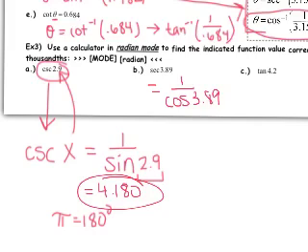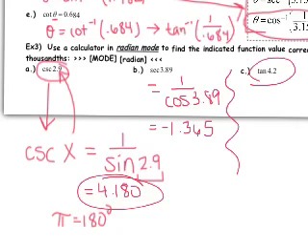So 1 over cosine 3.89 is negative 1.365. Tangent of 4.2, I do have a button for that, so I just type that straight in. Tangent 4.2 is 1.778.